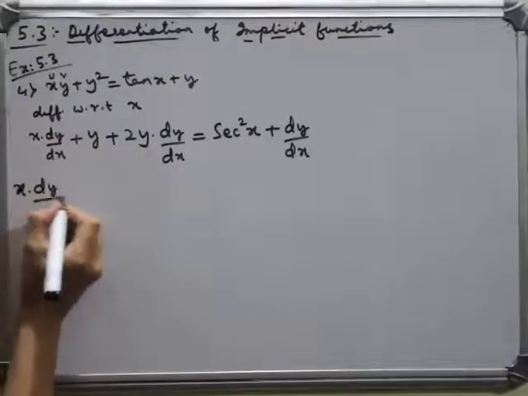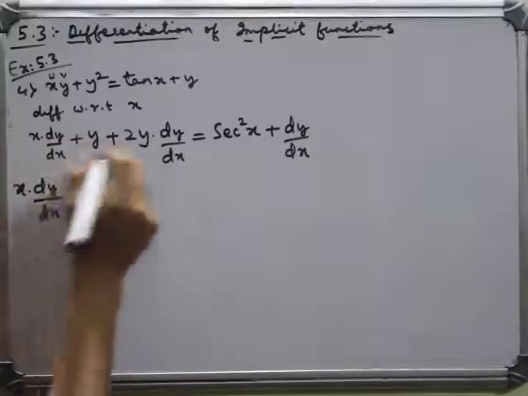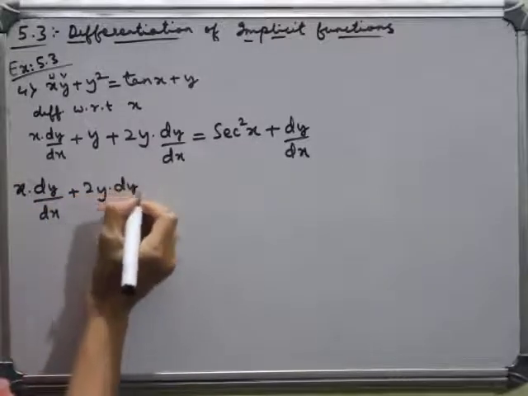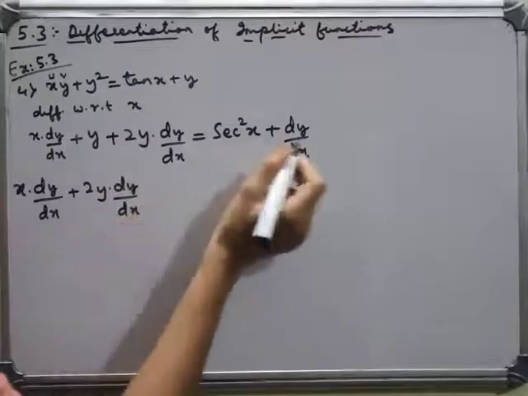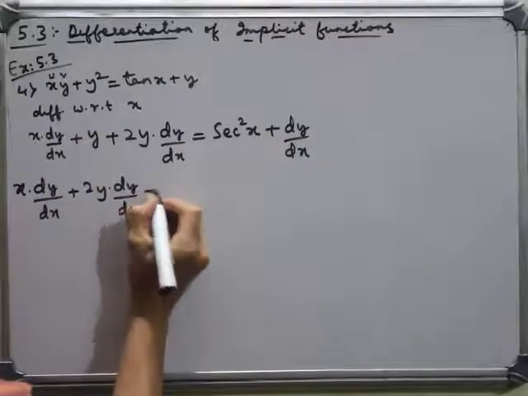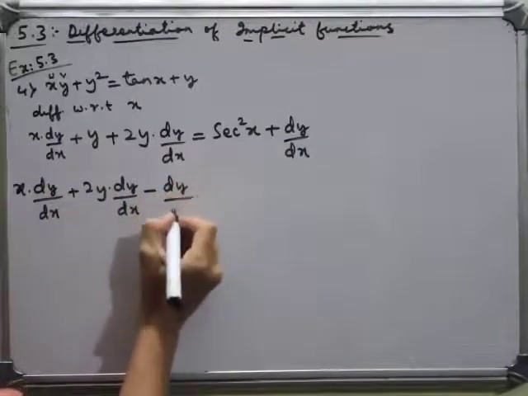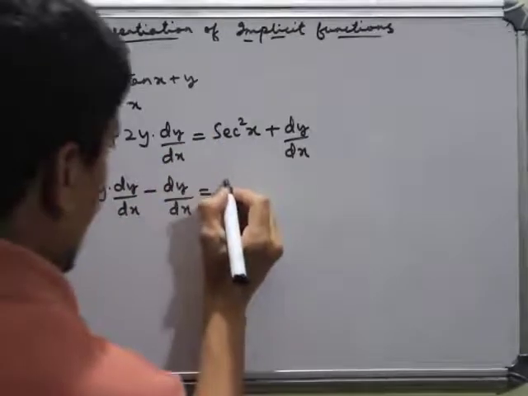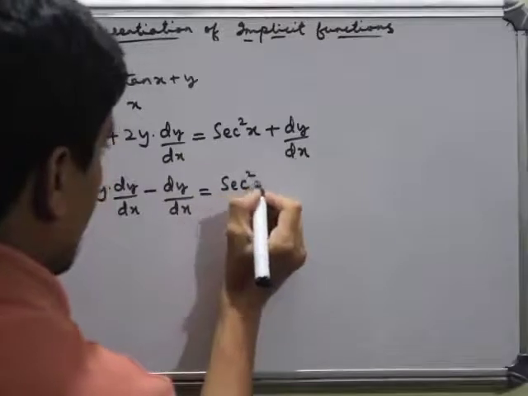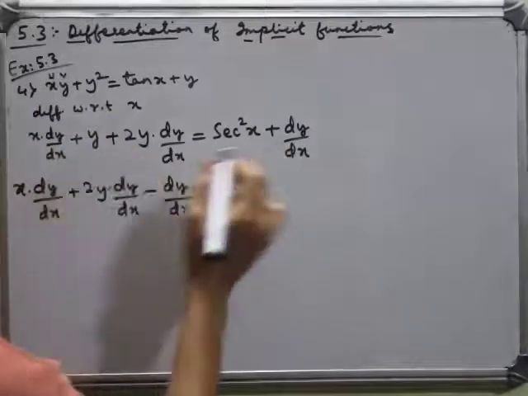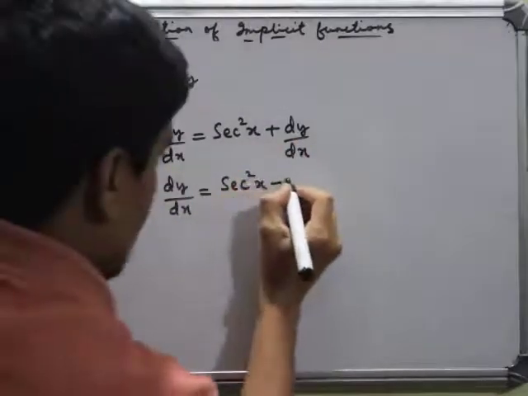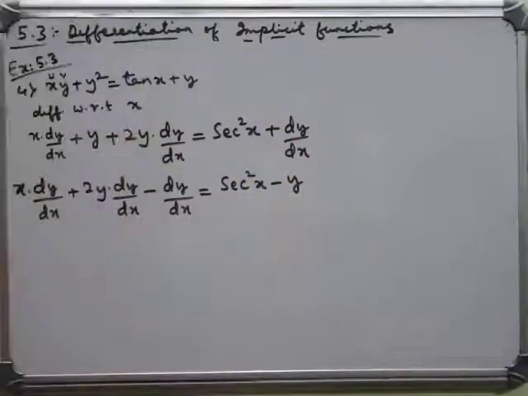x into dy by dx, then plus 2y into dy by dx, take this to LHS, that is minus dy by dx is equal to, this secant square x will remain as it is at RHS and this y will move to RHS. When I move it, it will become minus secant square x minus y.